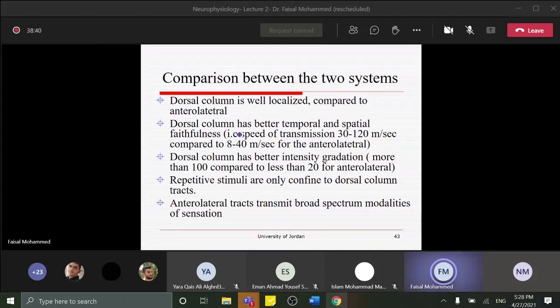As a comparison between these two tracks, the dorsal column is well localized. The anterior lateral is poorly localized.